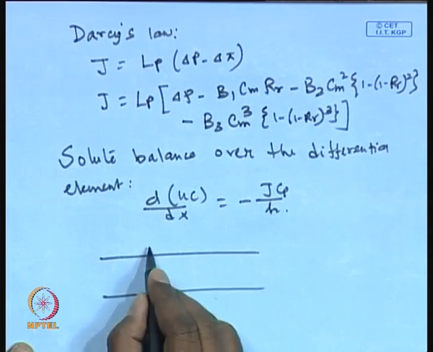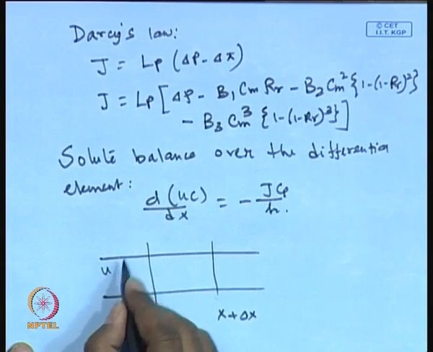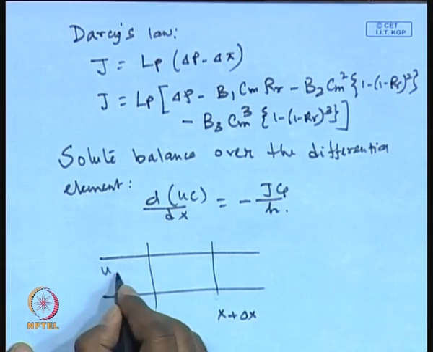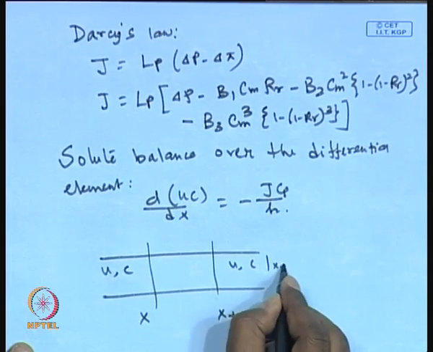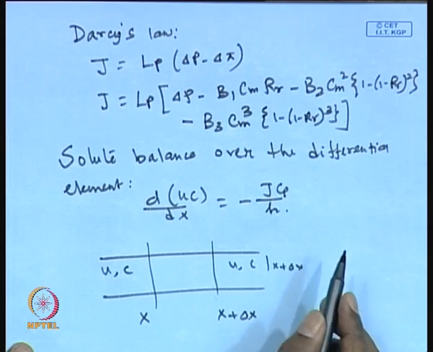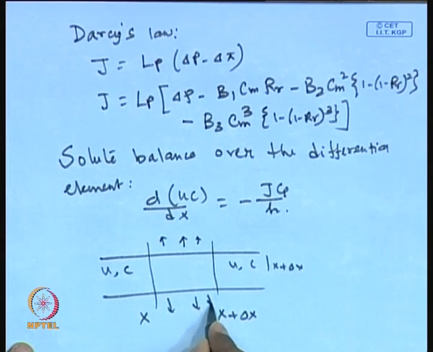Okay. Let's say u at location x, C at location x, and this is u and C at x plus delta x. Okay. And what is going out is nothing but J, and Cp is the permeate concentration.